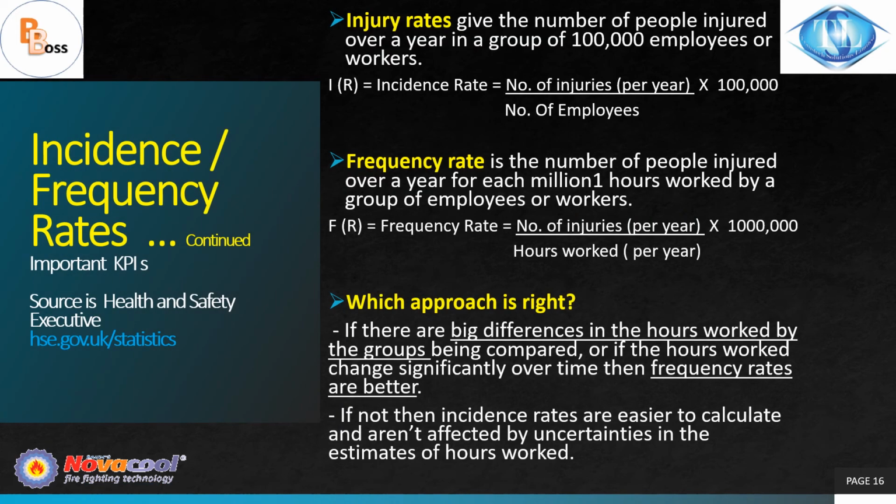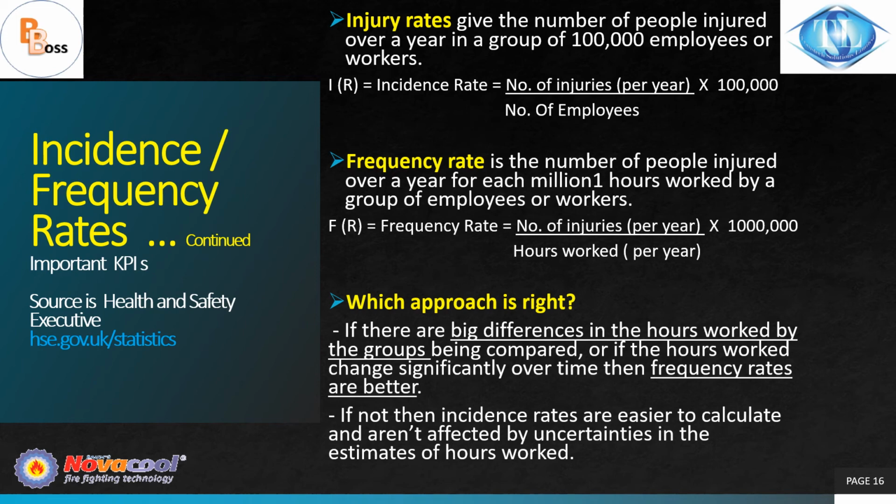Calculating incidence rate and frequency rate is very simple. In case of incident rate, for example, we will divide the number of injuries that we recorded this year with the number of employees of the company, and we multiply that by 100,000.